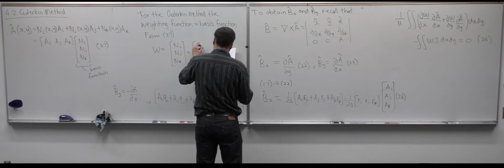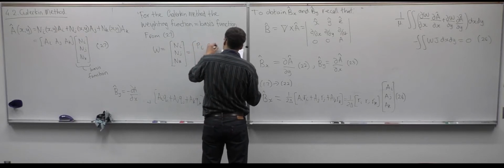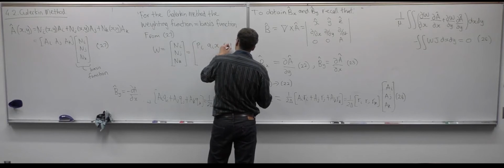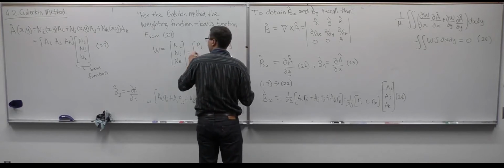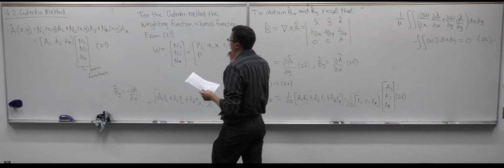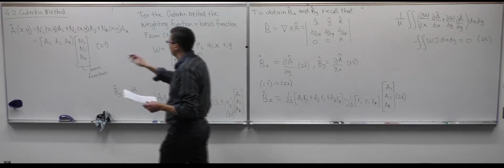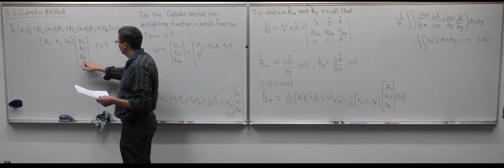So that's pi plus qi x plus ri y. Now I'm expanding out what Ni, Nj, and Nk are.